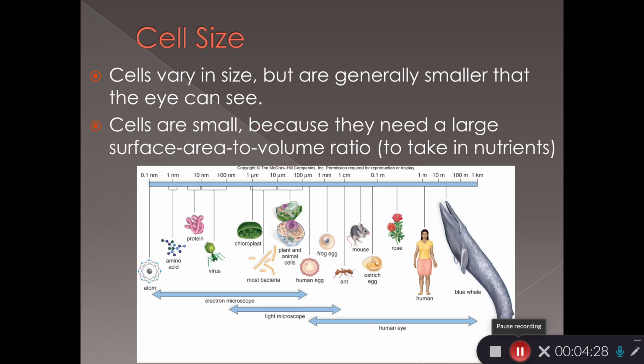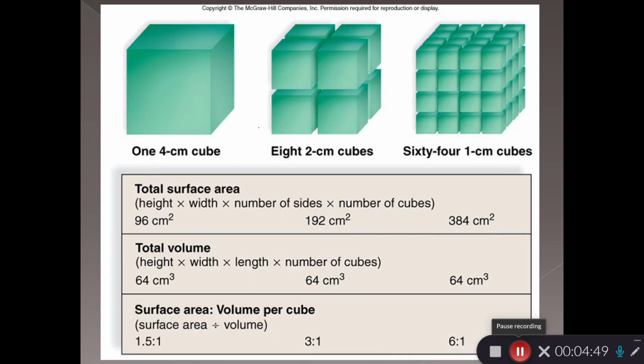If you take one big piece of chicken and cook it on a grill, and then you take that same piece of chicken and chop it up into small pieces, the small pieces are going to cook faster, even though the total amount of chicken is the same. It's because cells are small, because they need a large surface area to volume ratio so they can get particles in and out. So that's talking about the surface area to volume ratio.